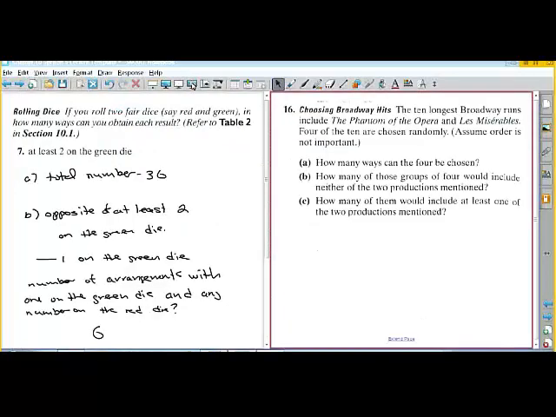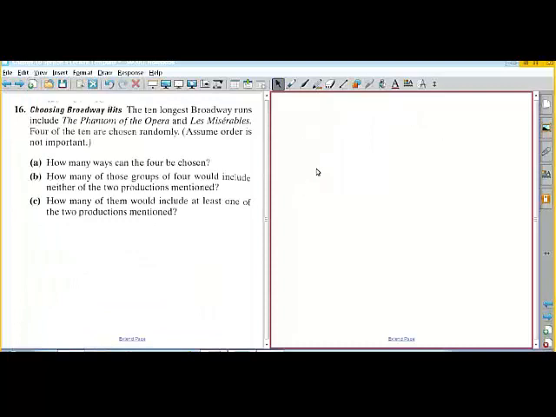So can we use, we can always use the fundamental counting principle. The question is, in this case, can we use either combinations or permutations to answer this? So what are the requirements? What's the difference between combinations and permutations? Yeah, so for combinations, the order is not important.